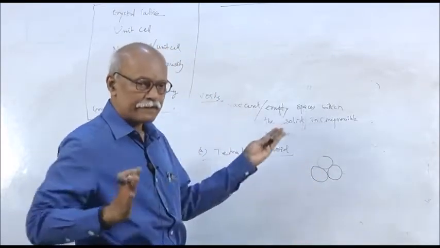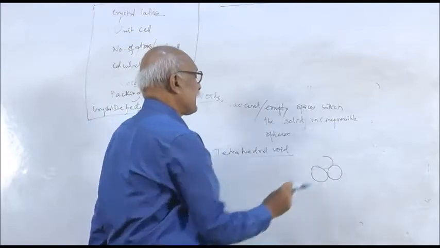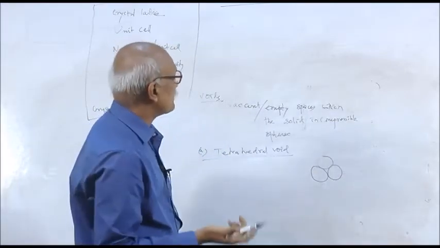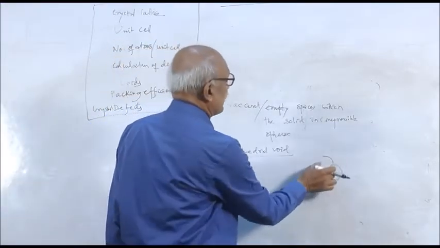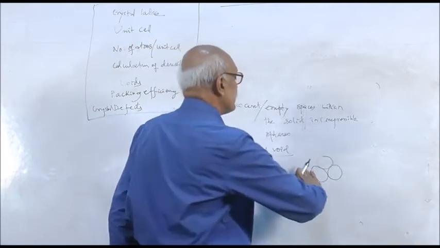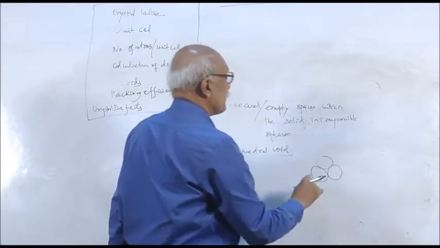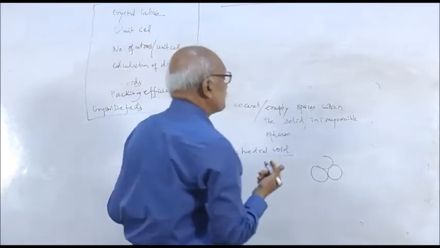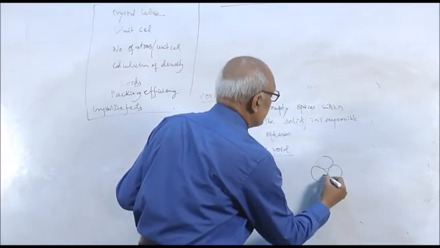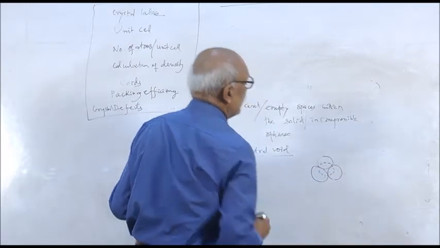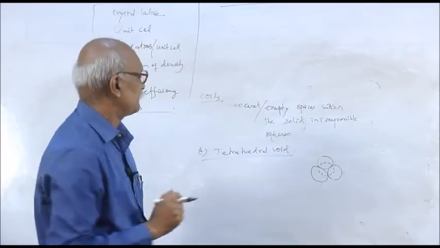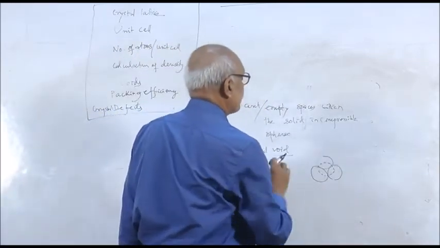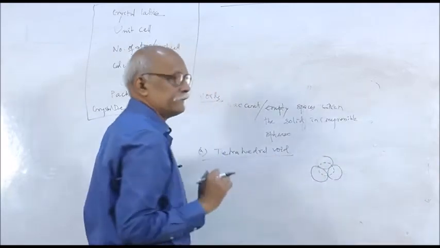Had they been compressible, this space could be minimized, but it cannot because these are solid spheres. This is in one layer. If you expand three-dimensionally, you put another sphere on top of these three spheres.